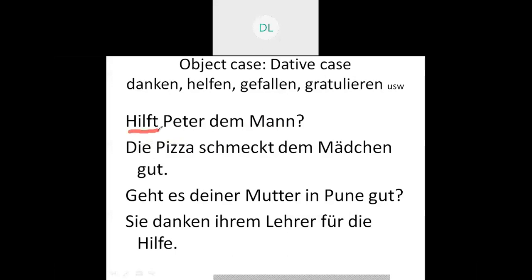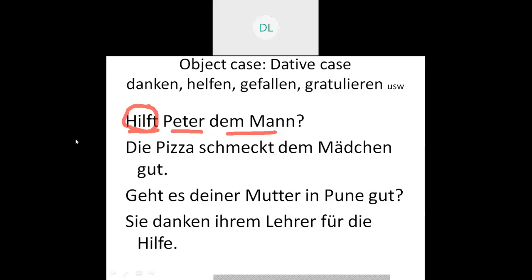Helfen is your pure dative verb. Peter is your subject and dem Mann is your object. In this sentence I am using the dative case, because my verb is a pure dative verb.